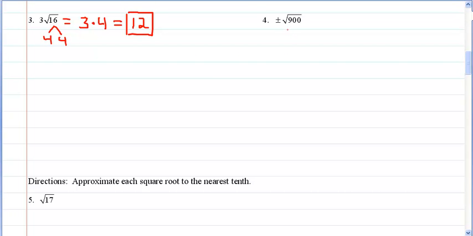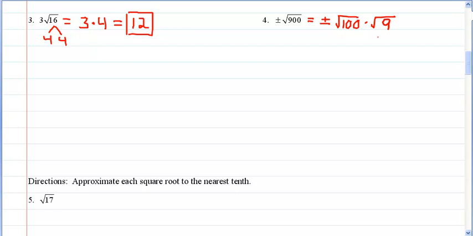So for number 4, this symbol in front is read plus or minus. So we have plus or minus the square root of 900. So one way that we can do this is we can say that the square root of 900, if we were to find two perfect squares that multiply to 900, it would be 100 times 9.